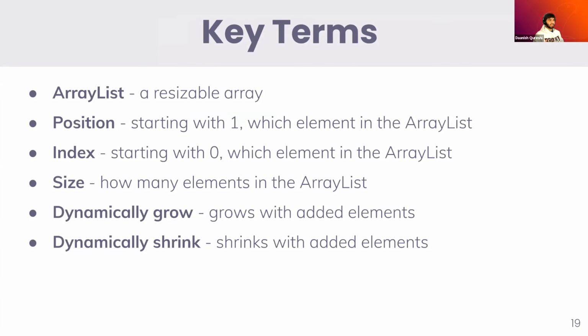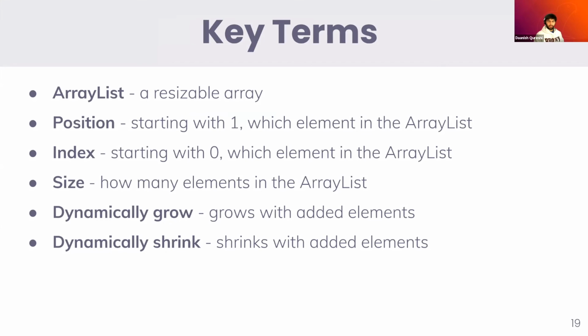And then we also have dynamically grow, so it grows with added elements, and dynamically shrink, so it shrinks with removed elements. And these are just some key terms. I think dynamically grow and shrink are pretty important because that is a key attribute of what makes an array list instead of an array. Any questions on this?